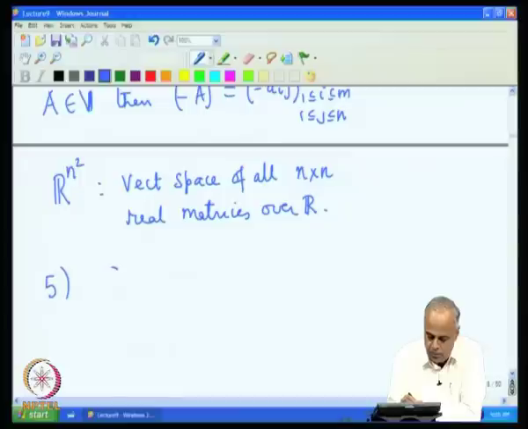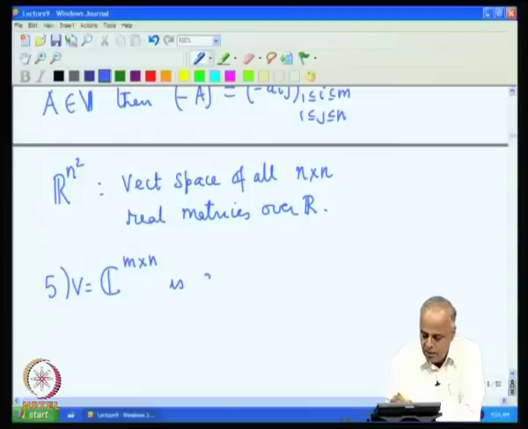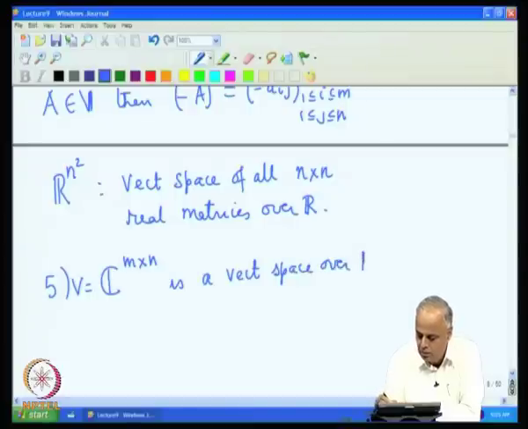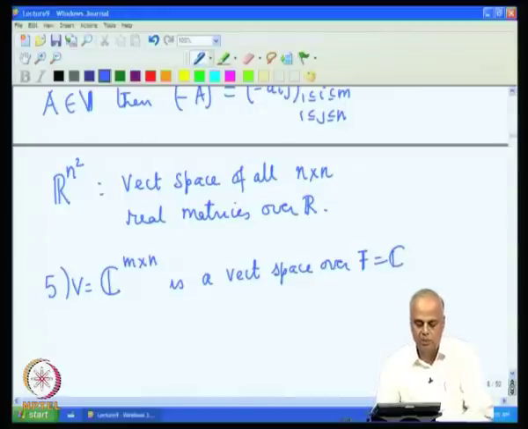So, we have C^(m cross n), the set of all complex m by n matrices, is a vector space over the field of complex numbers.